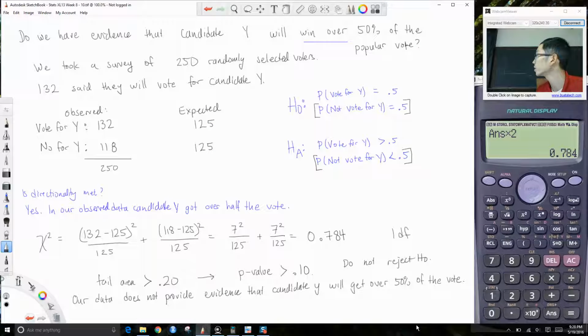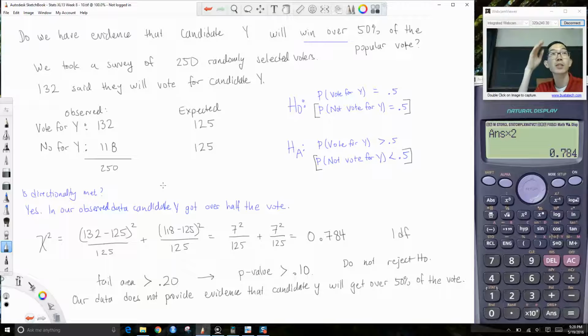And it could be just because our sample was too small, right? We only surveyed 250 voters. It's hard to make conclusive polling decisions based off of a small sample like that. So right now, we have no evidence that candidate Y will get over 50% of the vote.